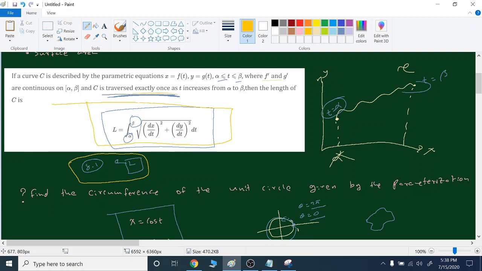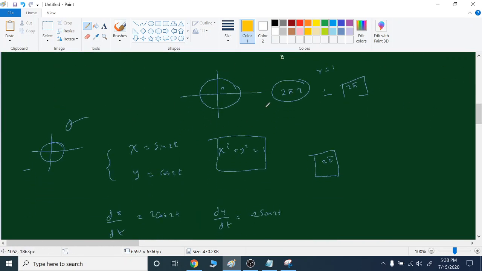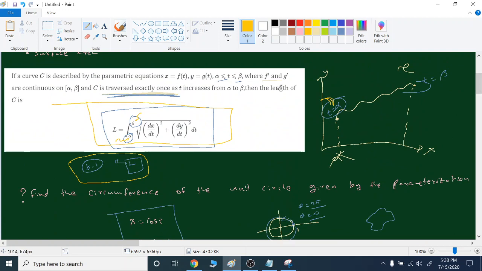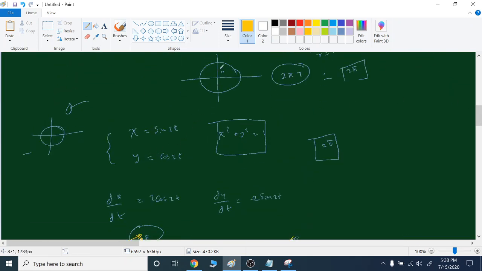So if we have the parametric relationships, we can use this result, but we have to be careful with these alphas and betas, right? The alpha and beta represent the starting and the end value of the parameter, this third variable. And also now in cases like this, you should be careful to eliminate these cases where it travels more than once. Otherwise it will be counting those number of times as well.